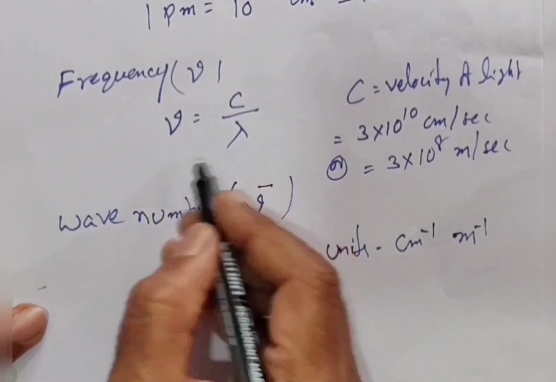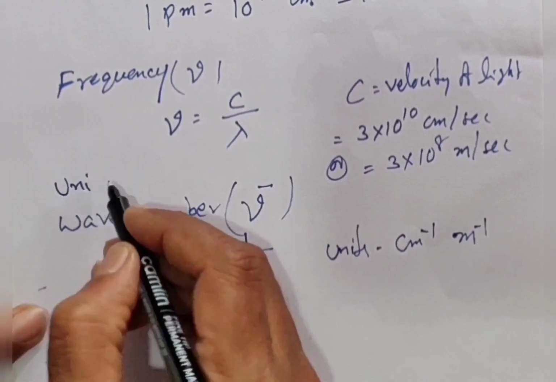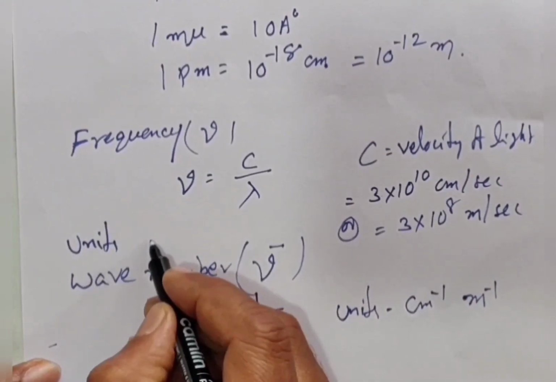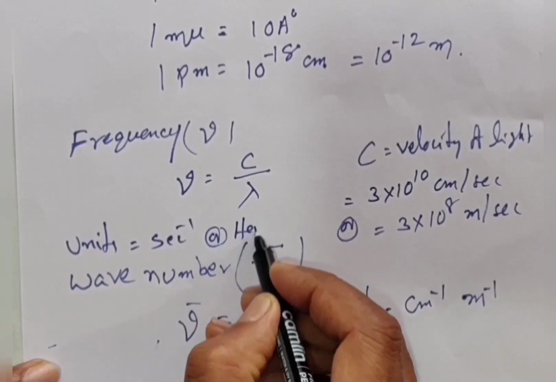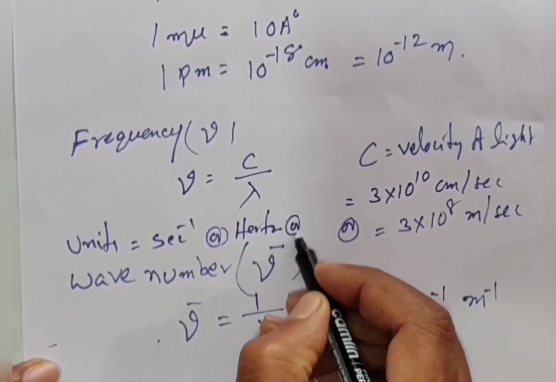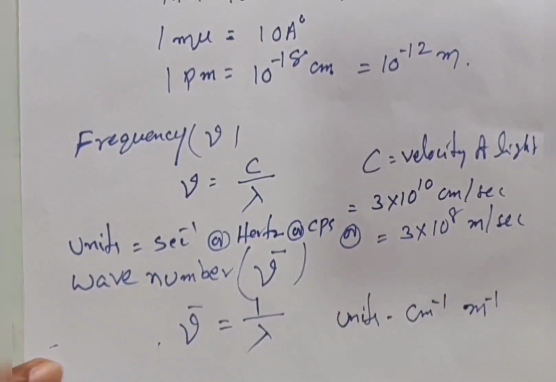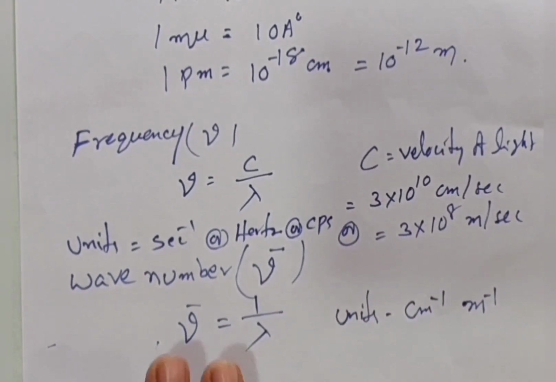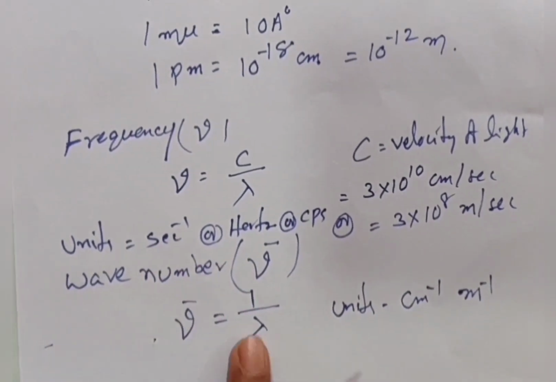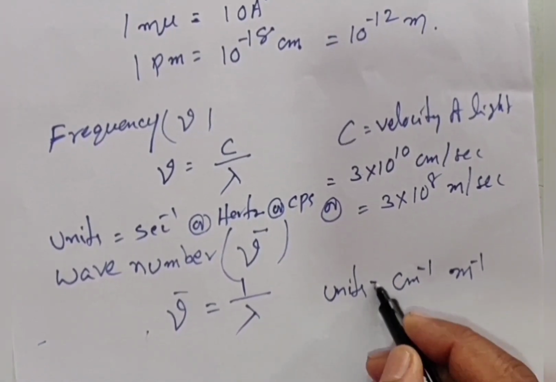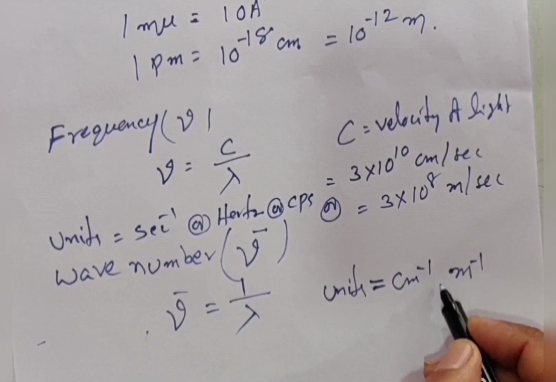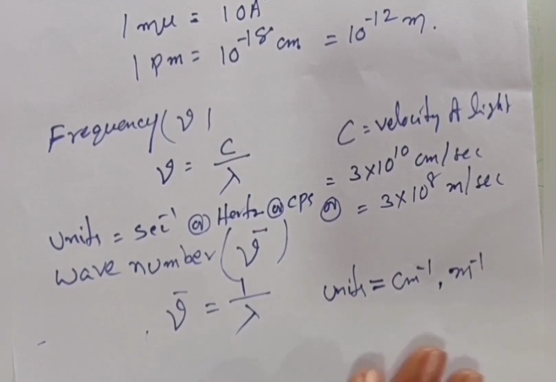Frequency also has units: second inverse, or hertz, or CPS, cycles per second. So you take these units for frequency, and for wave number the units centimeter inverse and meter inverse.